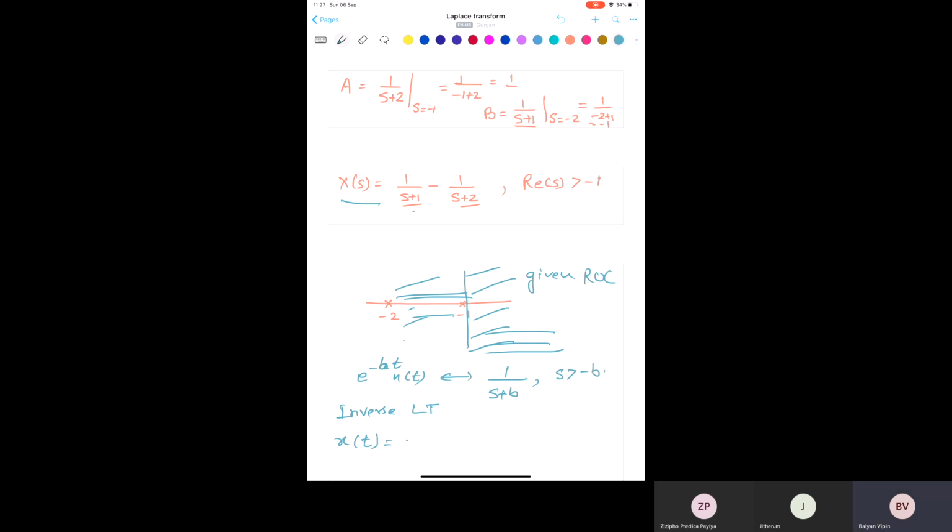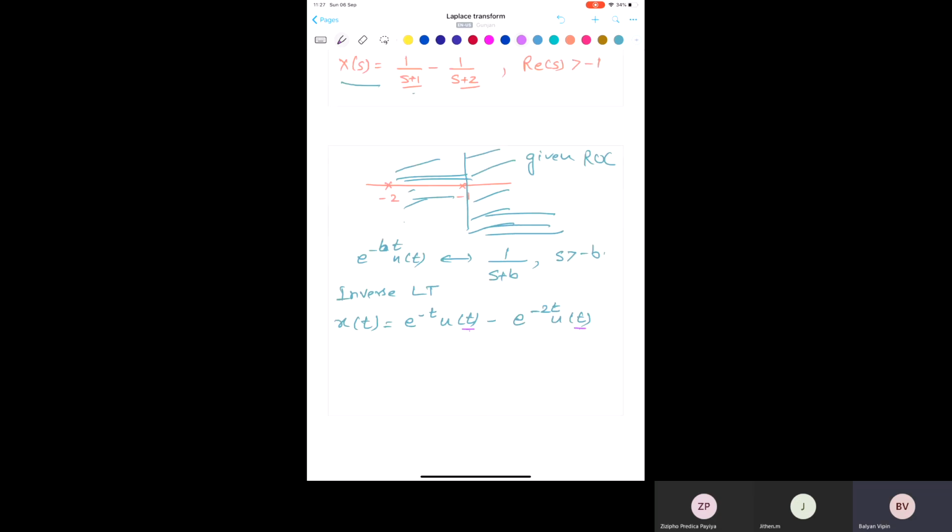So it will be e raised to the power minus t u(t) minus e raised to the power minus 2t u(t). The effect of the right hand side is that both are t. Depending upon the question, it will change to t or minus t.